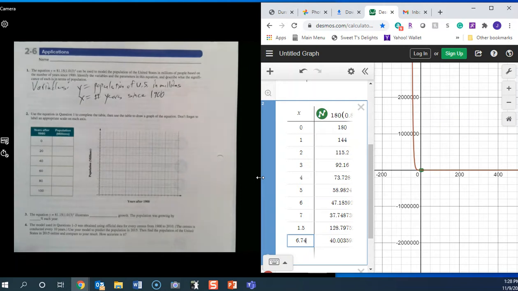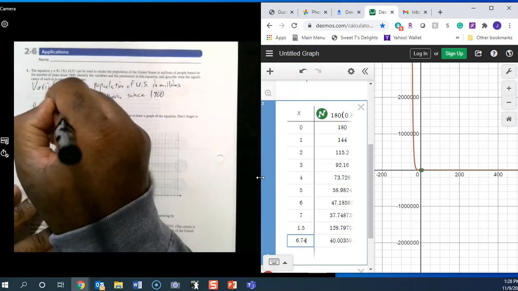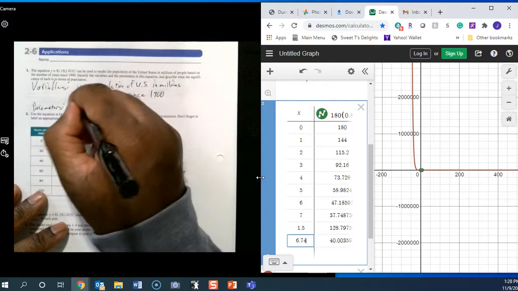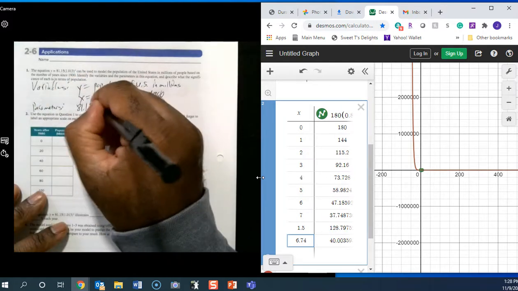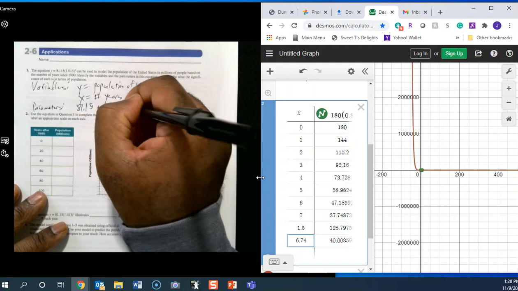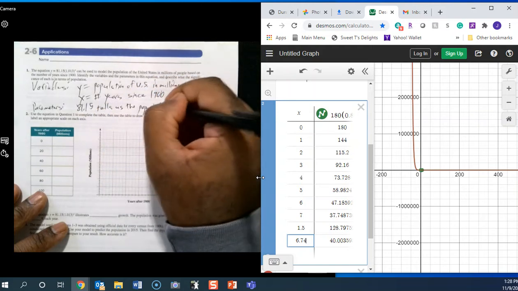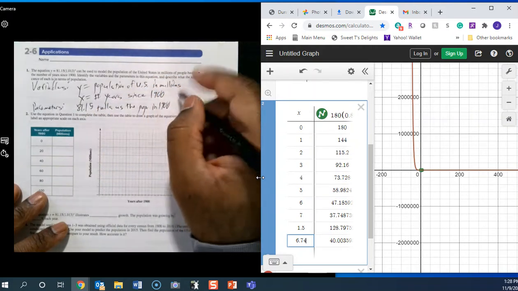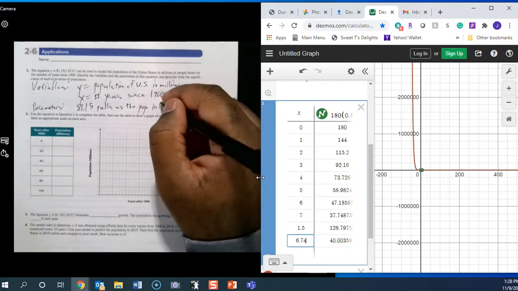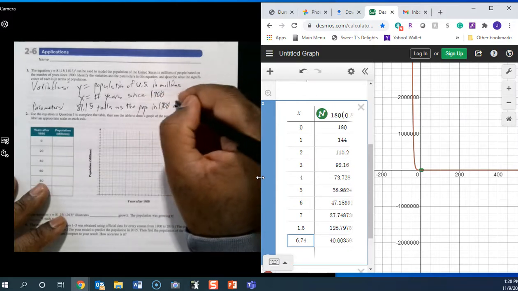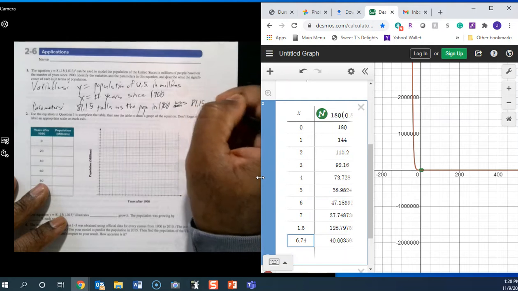All right, now the parameters. The 81.15 tells us the population in 1900 was 81.15 million.